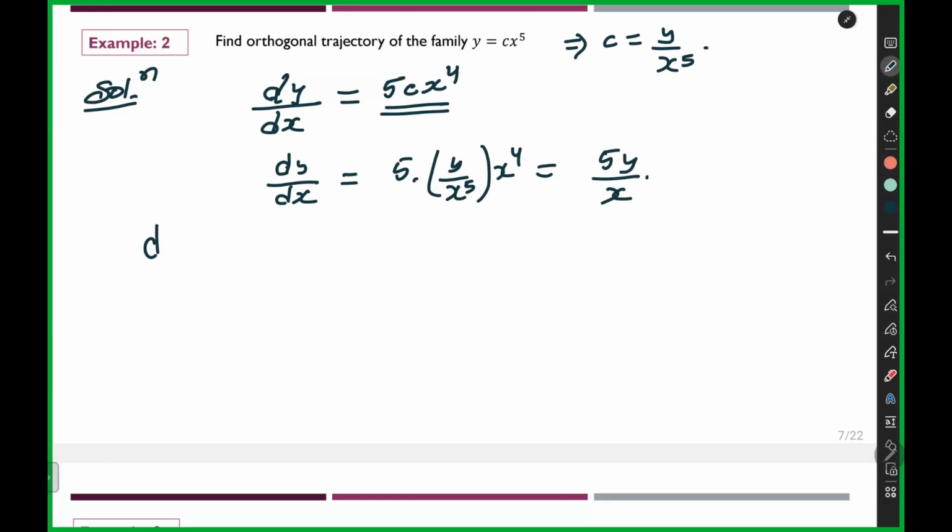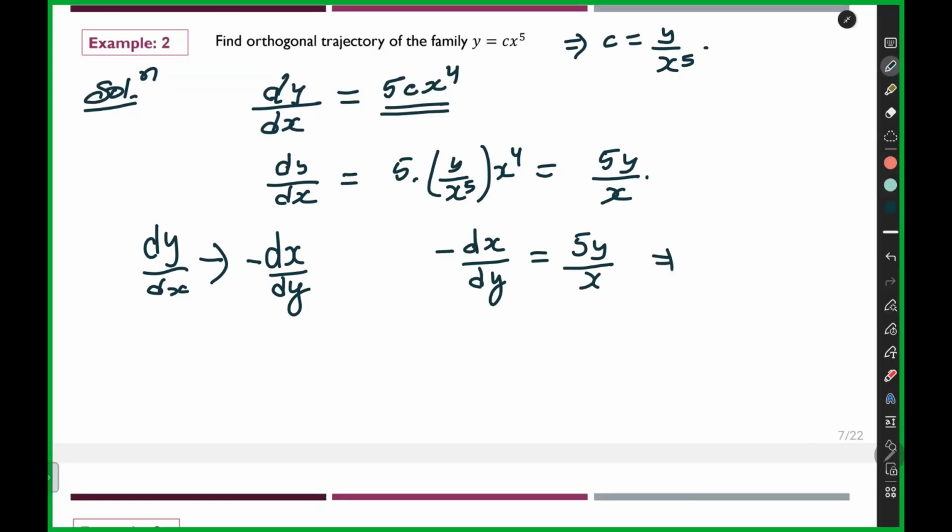Now, what you have to do? Replace dy by dx by minus dx upon dy, so it is minus dx upon dy equals 5y by x. So nothing but x dx plus 5y dy equals 0.